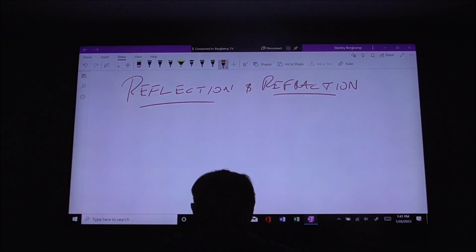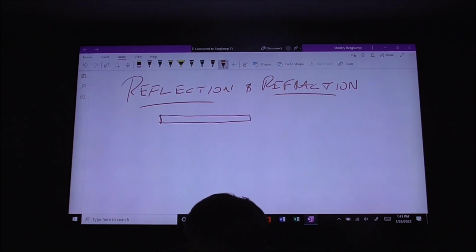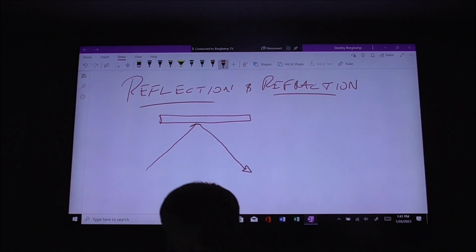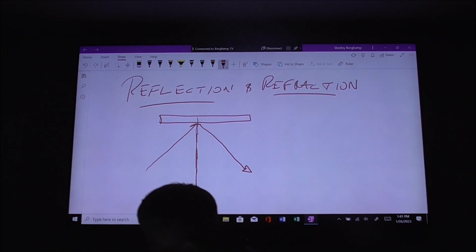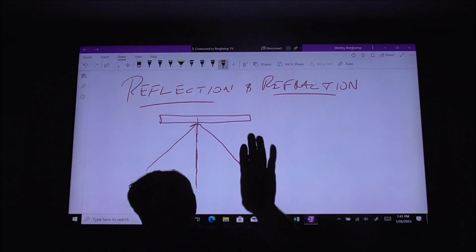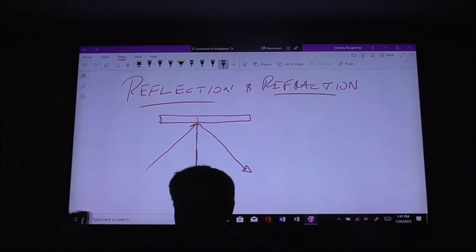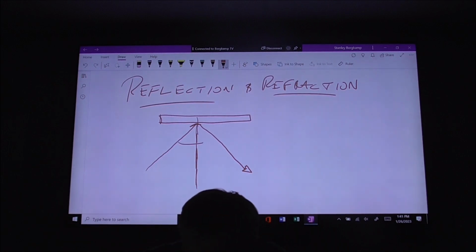So what's happening with any mirror, and I'll use the window over there in just a second. As long as it's a flat mirror, and mirrors get weirder, I'll show you why in just a second. We'll deal with curved surface mirrors later. When you talk about a mirror, you talk about the angle of incidence and the angle of reflection.